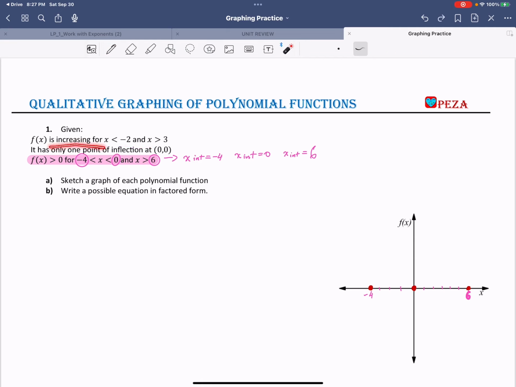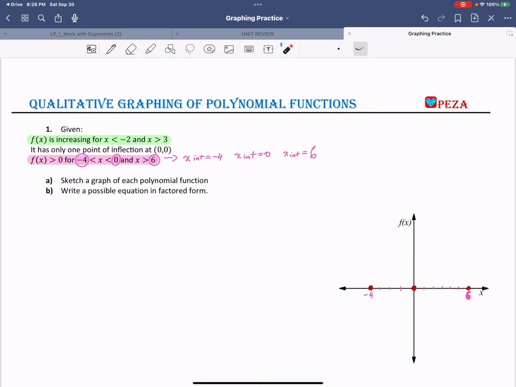So the function is increasing for x less than -2 and for x greater than 3. So I'm going to go at x equals -2. And if it helps, use highlighters to distinguish one piece of information from the other, because every piece of information given will shape the graph or will give information about different parts of the graph.